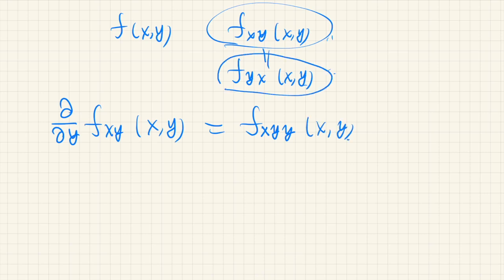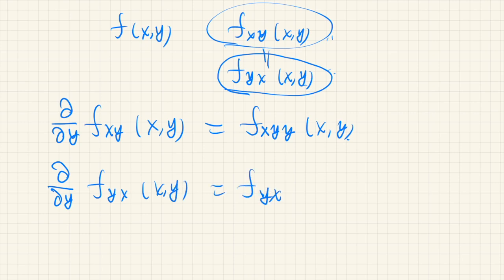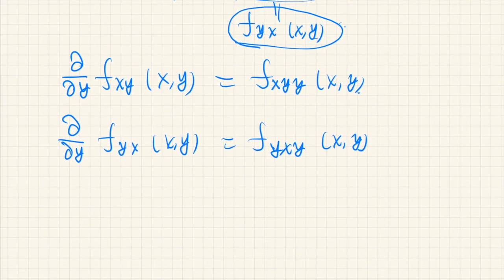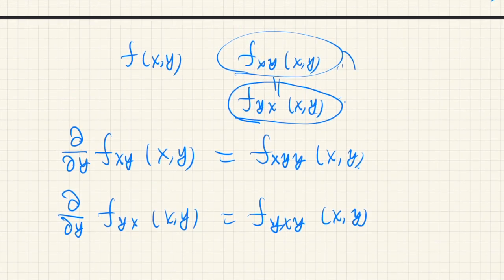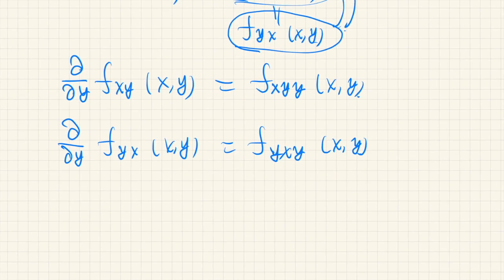And if we differentiate fyx with respect to y, we have fyxy. But if these two second derivatives are equal, then these third derivatives should be equal. So fxyy should be equal to fyxy.